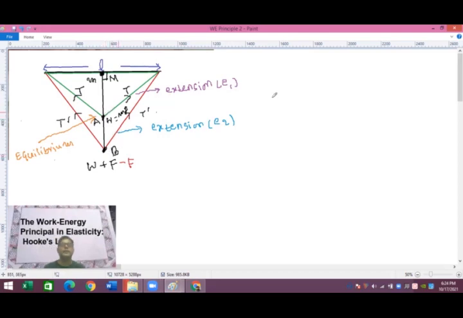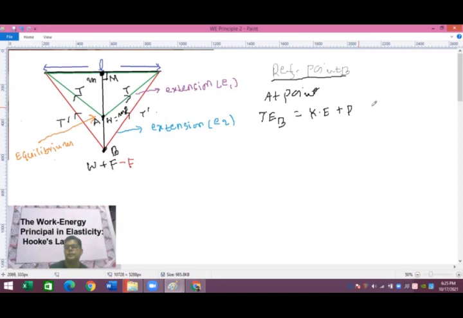So in this case you can see the equilibrium position and this stretched point, so you take the reference as point B. When you take point B as the reference point, the total sum of energy at point B is kinetic energy plus potential energy plus elastic potential energy.